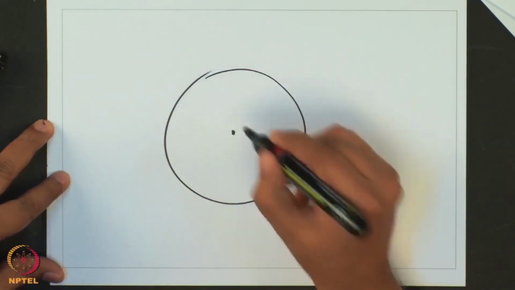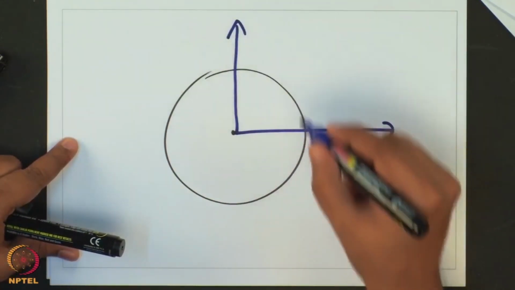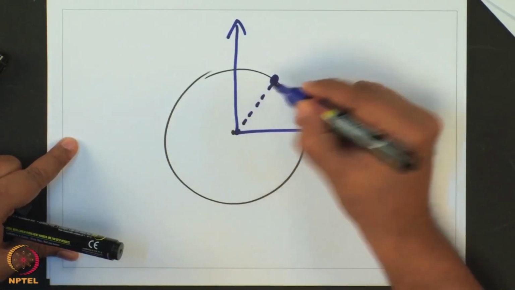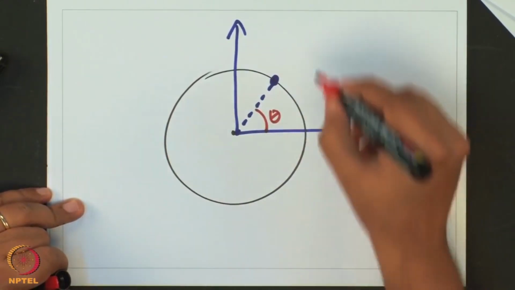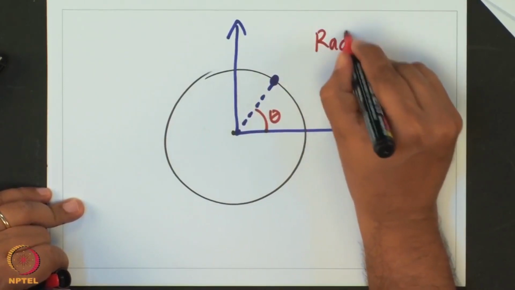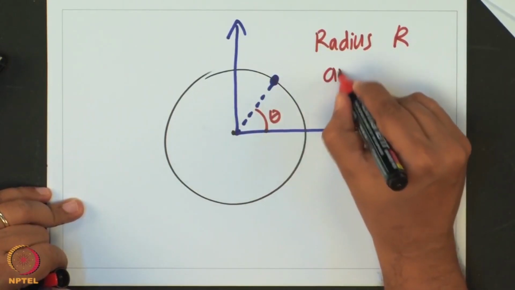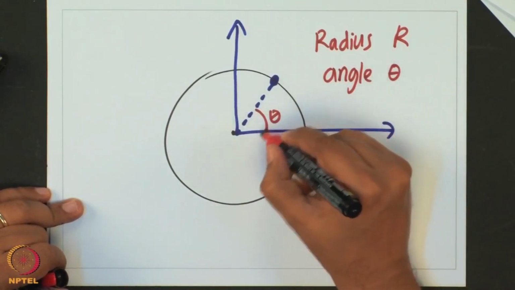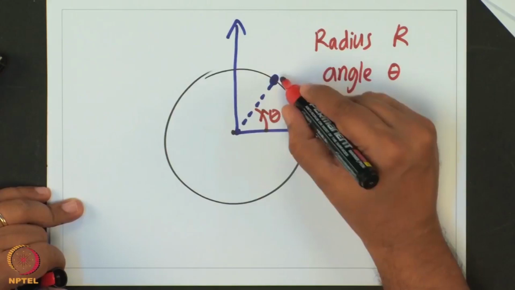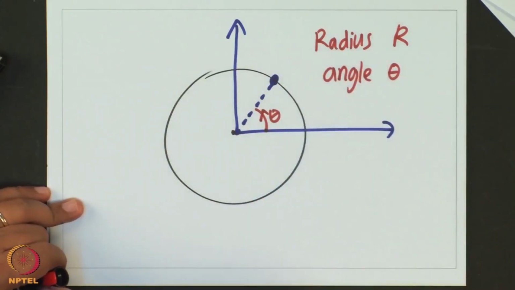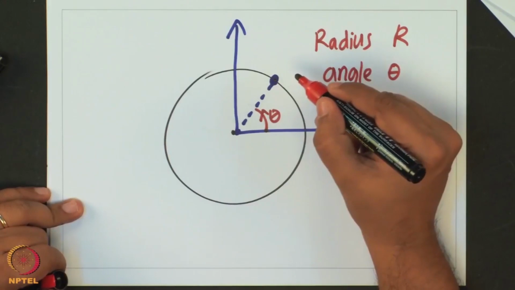So what we are saying is that if you have a circle and we want to get any point on the circle, this point on the circle, if I specify this angle from the x-axis and the radius, so if I know the radius, which is this distance, and this angle theta in the counterclockwise direction, and this radius which is along the radial direction, if I know these two quantities r and theta, I can get this point, right?